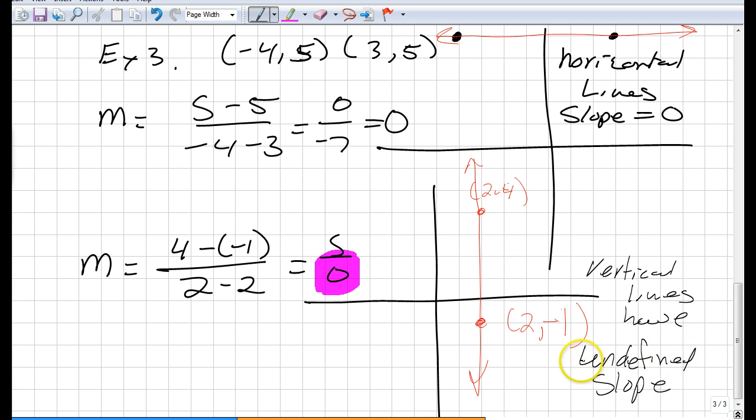And notice in vertical lines the x value is the same, and in horizontal lines the y value is the same.